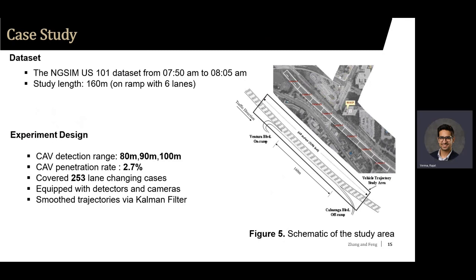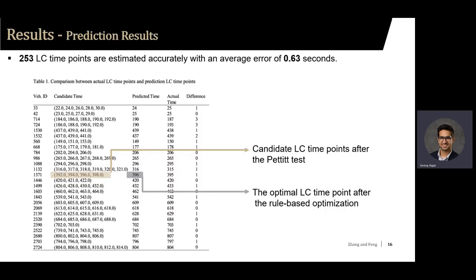So based on your algorithm, how many lane changes are predicted? You cover the 250? Yes. All of them are predicted. There are no overestimations.